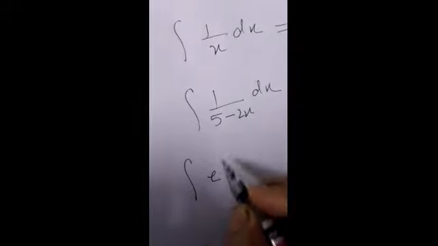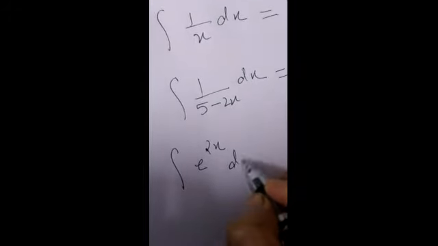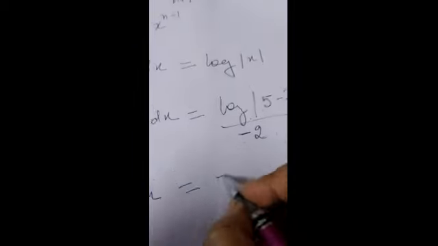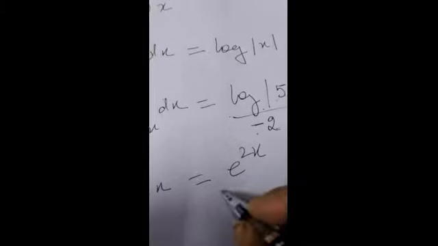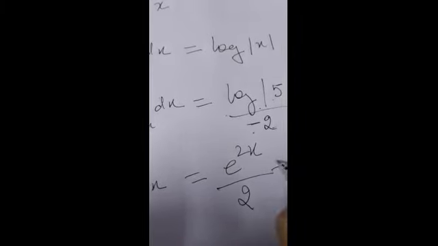In the same way, suppose you are having the next rule, e raised to the power 2x dx. Now you have to integrate it. So integration of e power 2x dx will be e power 2x as it is, whole divided by 2, plus c.